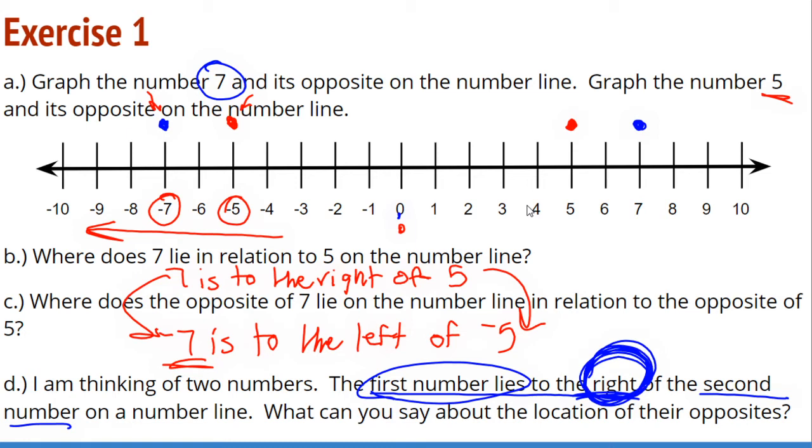So when we have opposite numbers, we have opposite orders. If the first number is to the right of the second number, the opposites will be in the opposite order.